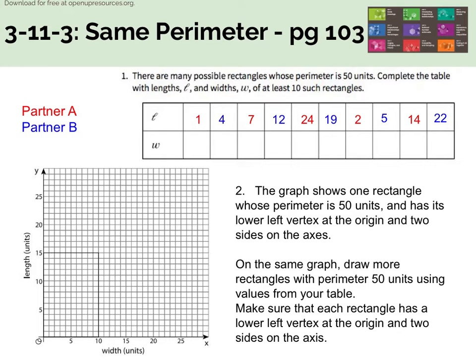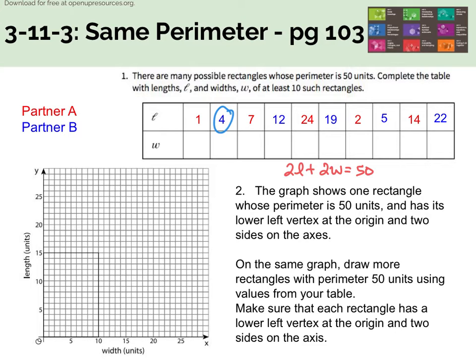Remember perimeter: perimeter is 2 lengths plus 2 widths, and all of that is going to equal 50. So let's put 4 in for the length.